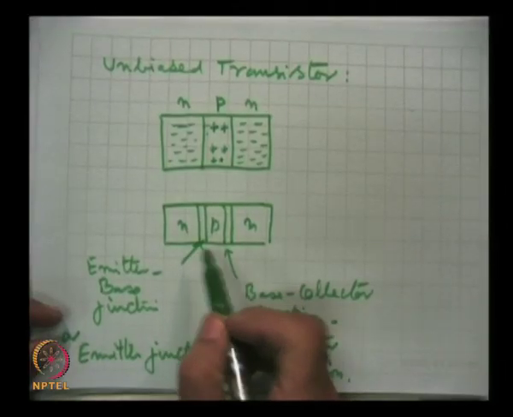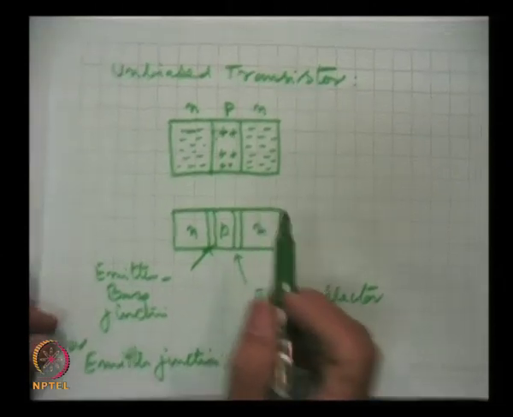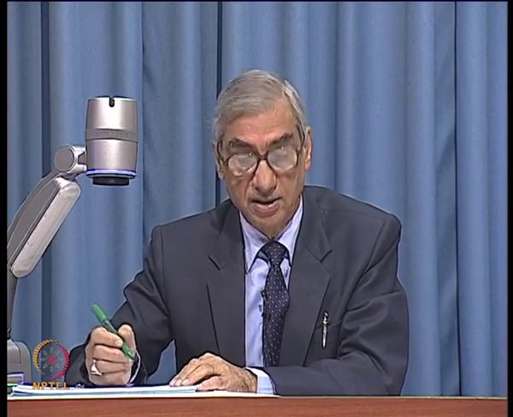Now, these junctions, the emitter junction and the collector junction, let me draw another diagram to illustrate that these are space charge regions.